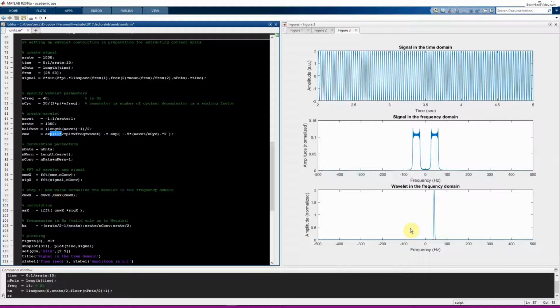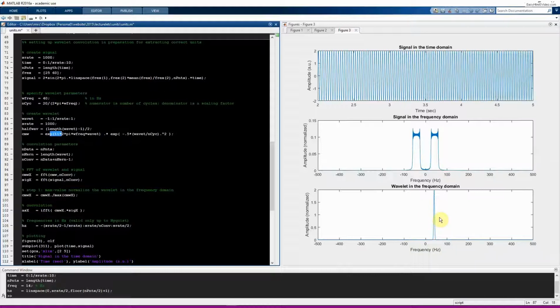Now, when you take the Fourier transform of a complex signal that contains a real part and an imaginary part, the negative frequencies are no longer simple mirror images of the positive frequencies. The negative frequencies contain different information, and the nature of that information depends on the sign of the imaginary component.